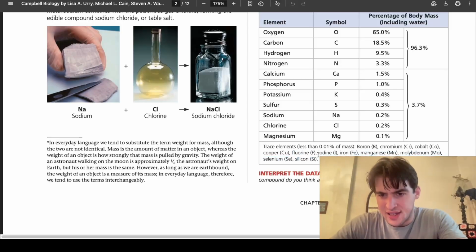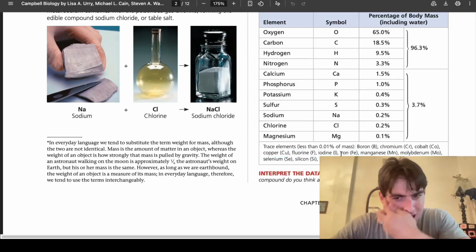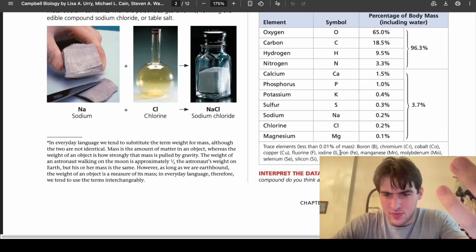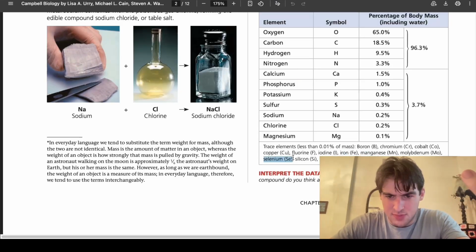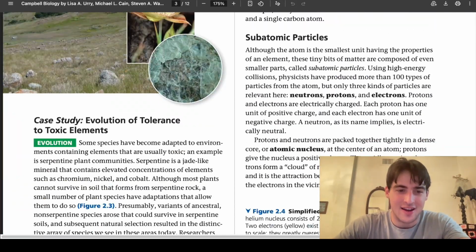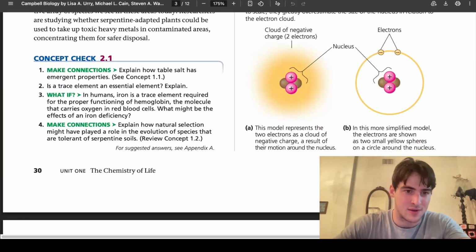Like it just talked about iodine and iron. Humans need iron, that's an essential nutrient. Selenium, that's pretty essential. Zinc, people take zinc all the time. My mom takes zinc. So I figure, yeah, trace elements are still essential.